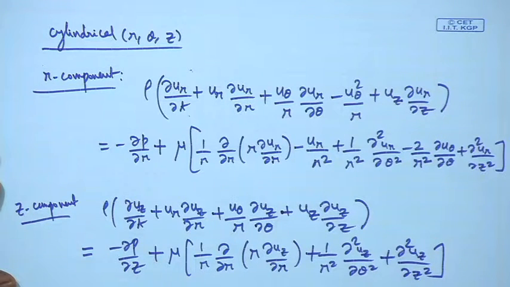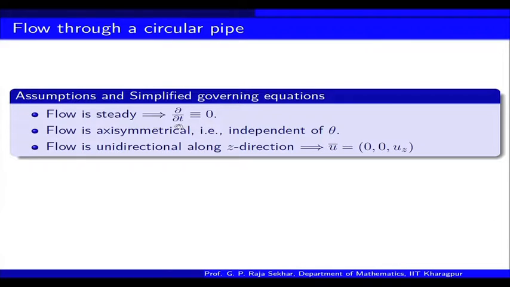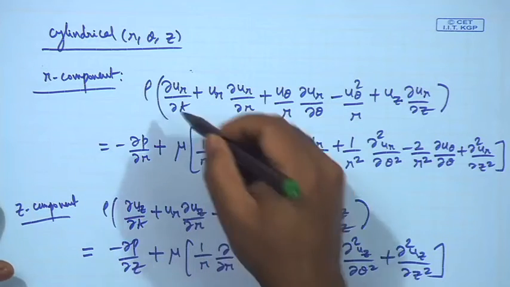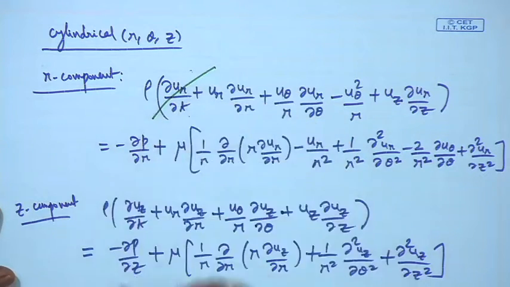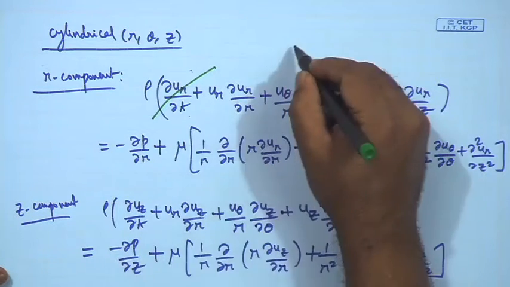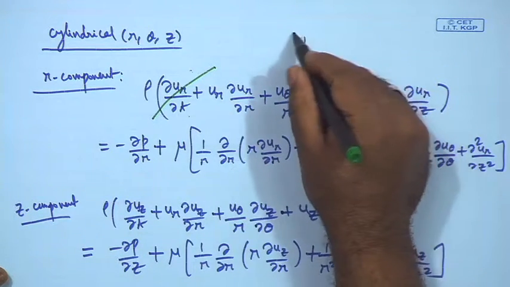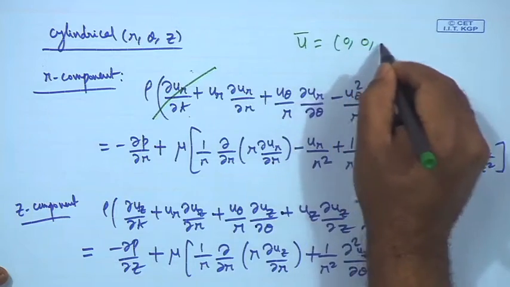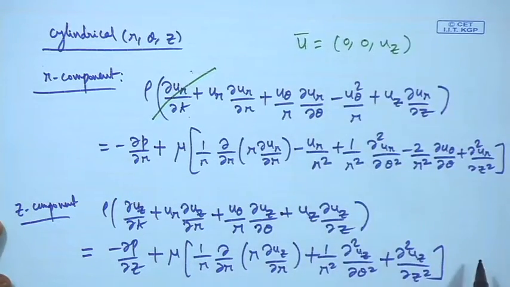So, we have considered two components, and please pay attention to our assumptions. Steady anyway, flow is axisymmetric, independent of theta, and unidirectional, so we are considering along the z direction. Now, please come back. Since it is steady, this is gone, and the major assumption is that u r is zero.